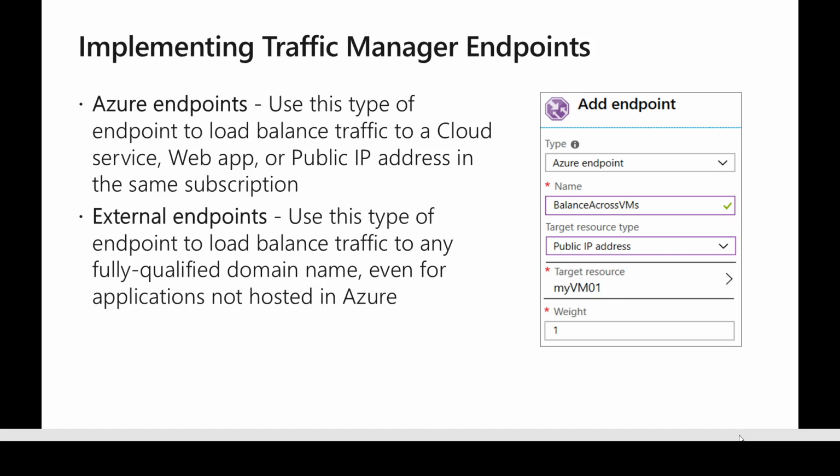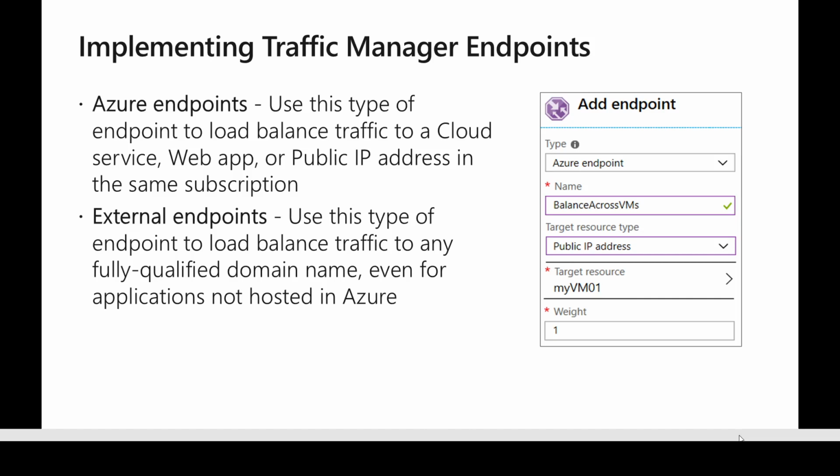So if we choose that, we can use the drag and drop and pick the right resources, and we can configure. Otherwise, we have to use external endpoints, and with these external endpoints, we can even use some arbitrary public IP address or fully qualified domain names, or even some public IP address in on-prem as well.